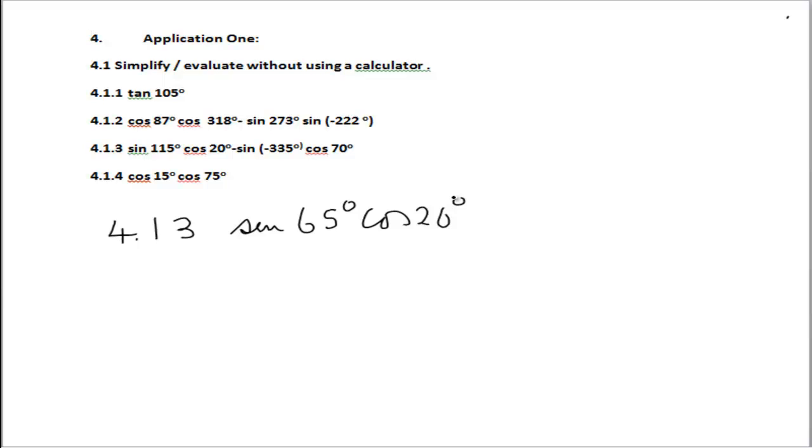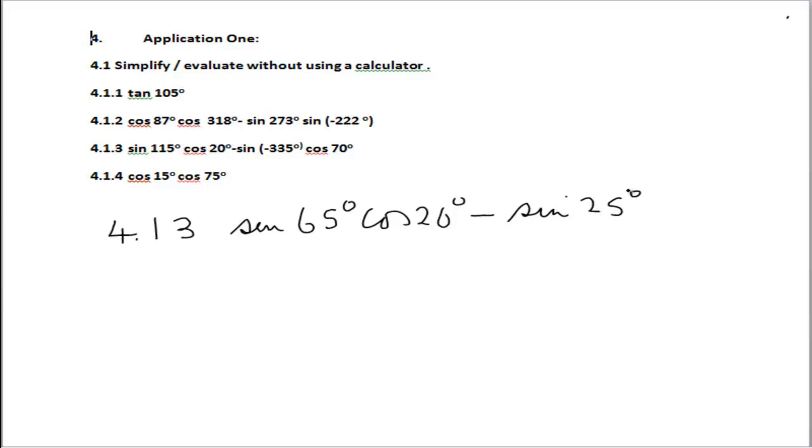Sine of negative 335 is negative sine of 335 degrees, and because that's in the fourth quadrant it is negative, so negative times negative is positive. So it is minus sine of 25 degrees.